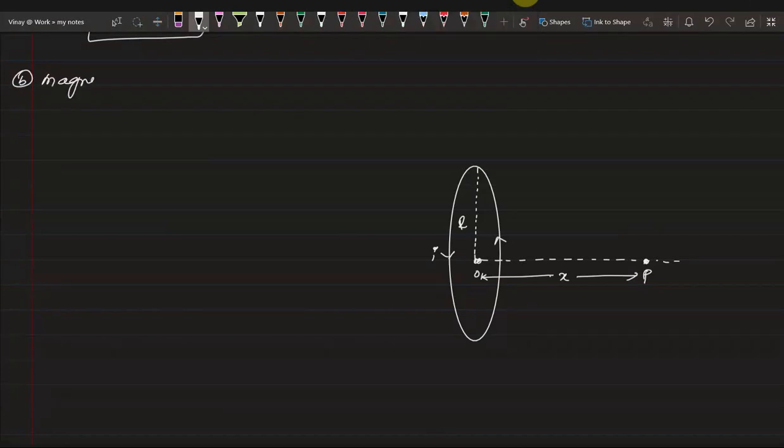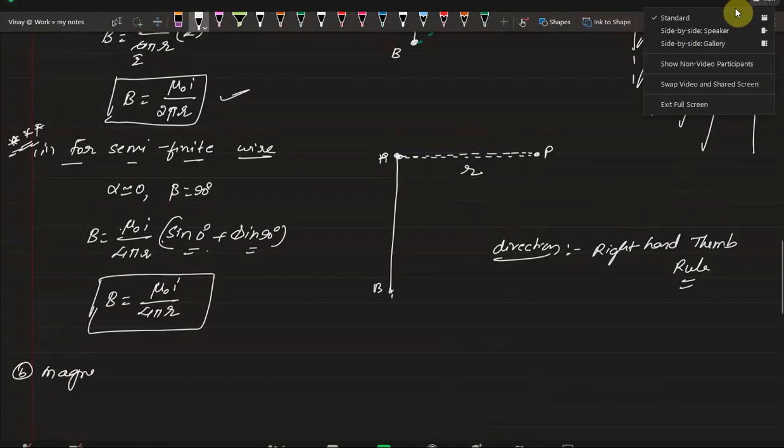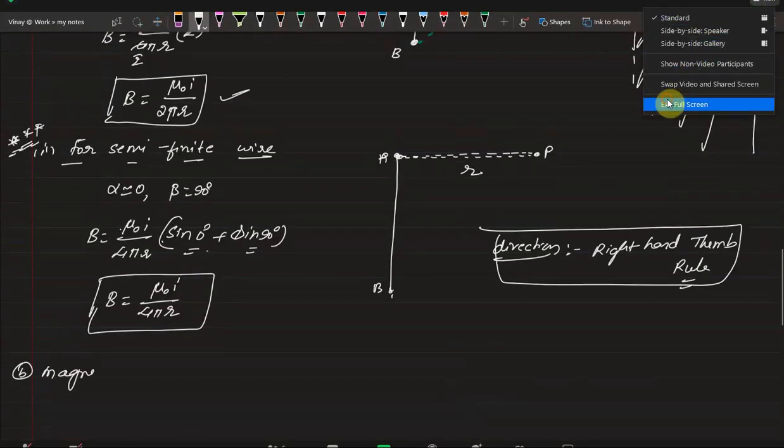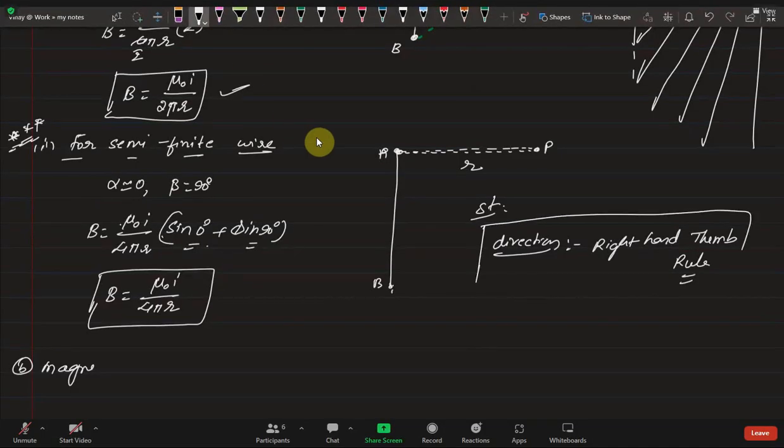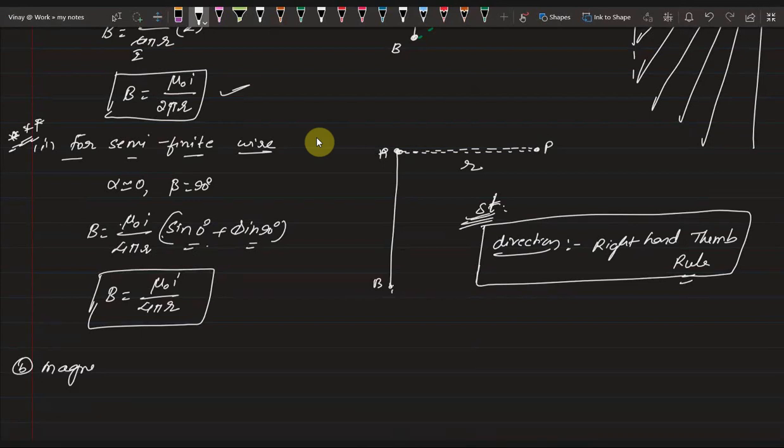Previously, the direction of the magnetic field of a straight current carrying conductor: please remember, for a straight current carrying conductor, we have to apply the right hand thumb rule.